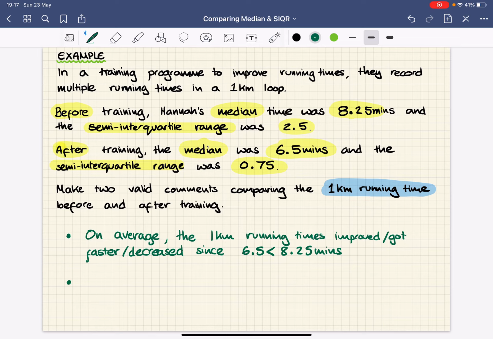And then for the semi-interquartile range, it was 2.5 before and now it's 0.75.